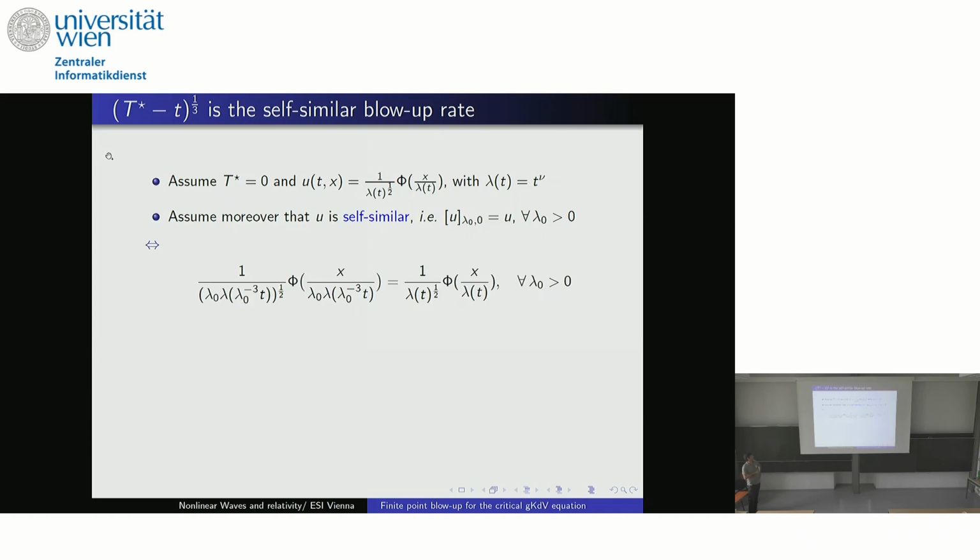So if you apply this to phi, a direct computation will tell you that, since this has to be true for any lambda naught, nu has to be 1/3. Okay? So this is somehow to convince myself that this is the self-similar blow-up rate. And so what we saw from the local theory is that if you have finite time blow-up, then the blow-up rate has to be larger than or equal to this 1/3.